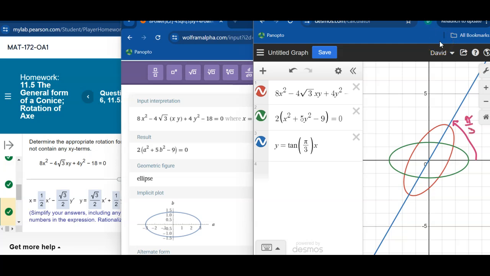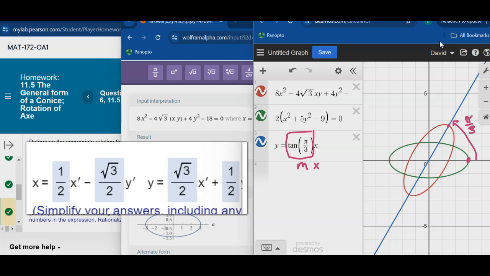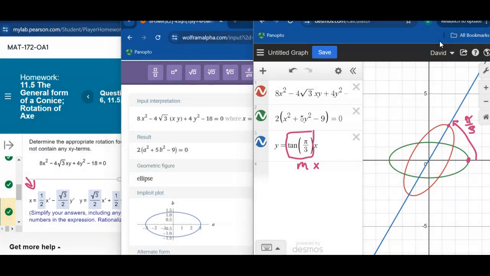That's what tangent does; it creates a slope, like mx. This has a slope of 60 degrees, or pi over 3 radians, and that's rotating us from standard position up to here. We have literally rotated this ellipse by pi over 3 radians. And with the transformation we came up with, it's basically like we're rotating back down to the standard position, that positive x-axis.